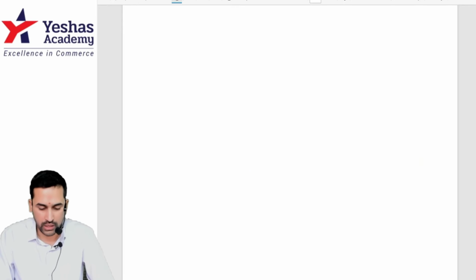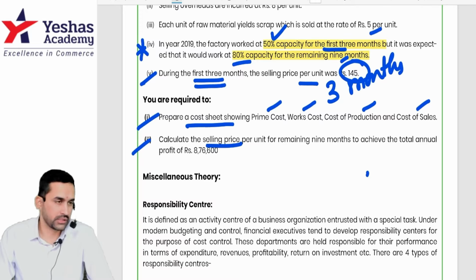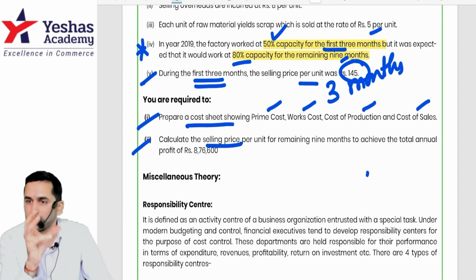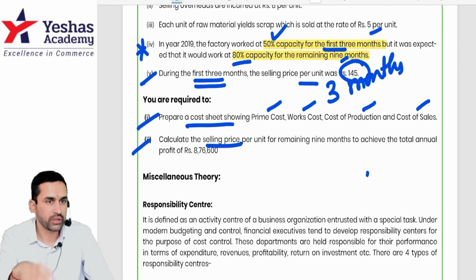Achieve. Underline the words total annual profit of 876,600. Tell me, 876,600 should come from the full year. Out of that, can I first easily find out first 3 months profit? Because for first 3 months, once you prepare cost sheet, you have the selling price also. Suppose we are earning 1 lakh profit in first 3 months.